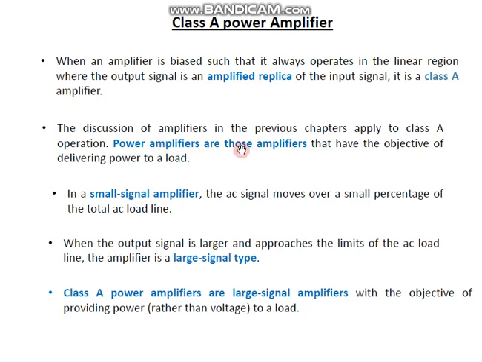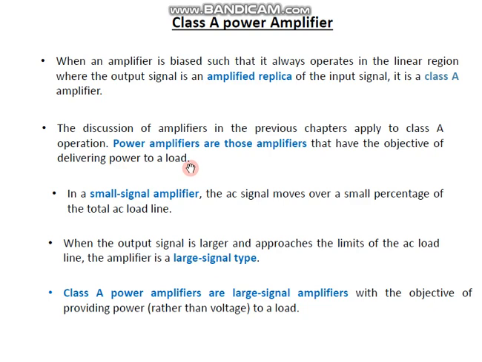Now power amplifiers are those amplifiers that have the objective of delivering power to a load. The amplifiers we discussed previously were small signal amplifiers, which were mainly concerned with voltage amplification, voltage gain, and current gain.